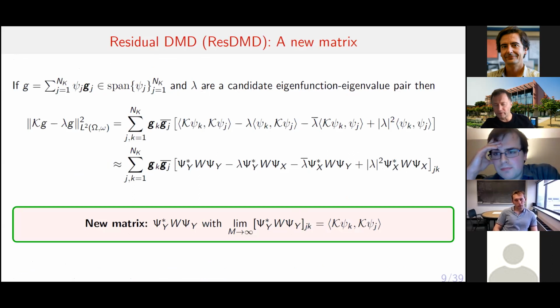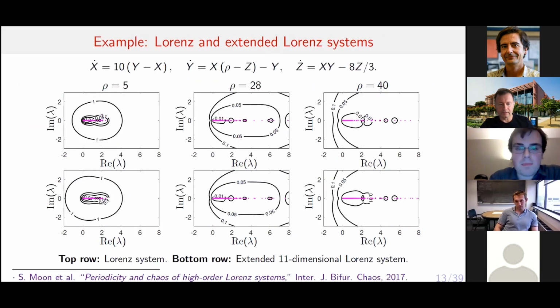Okay. But you are in L2, so somehow this is going to connect to my other questions. Somehow, morally, you can only do L2 if you're in the measure preserving case. Oh, so an example is the Lorentz system, not on the attractor.